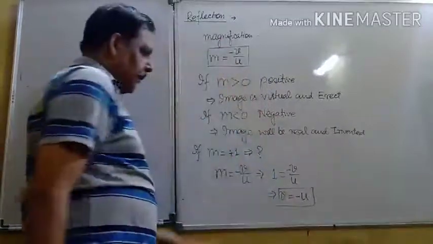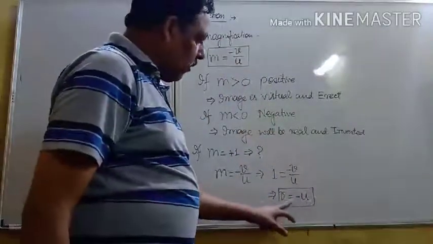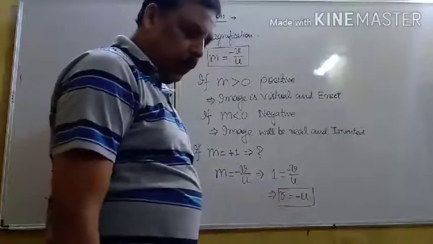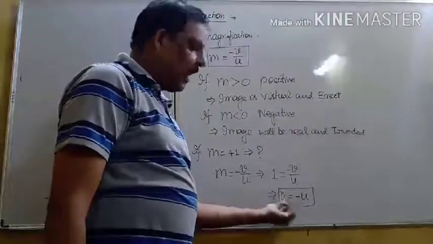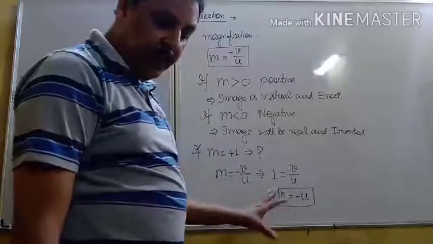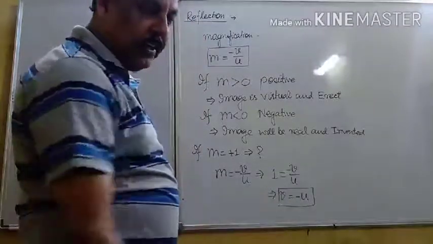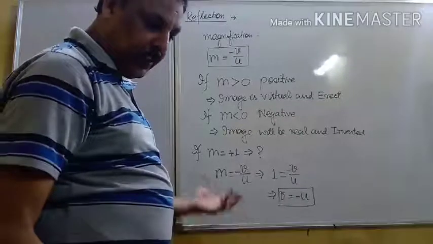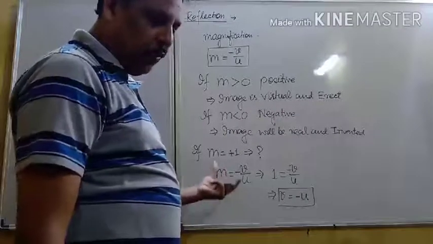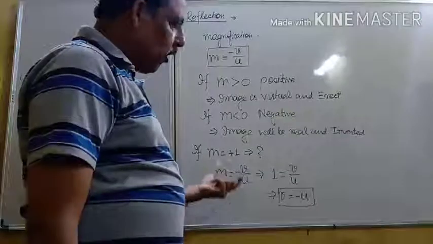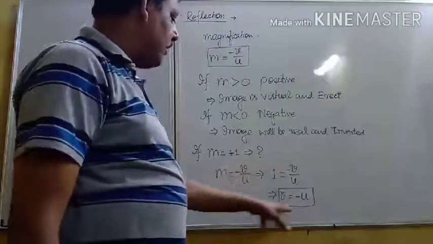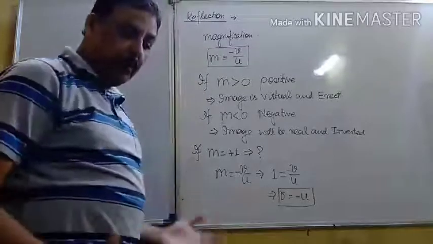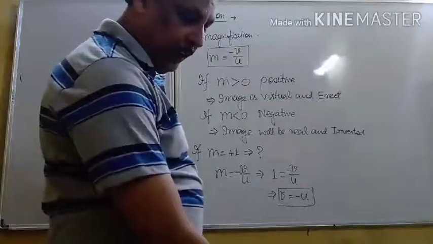The size of the image and the size of the object will be the same. This is called magnification 1. Always remember, v is equal to minus u. The distance of the image will be equal to the distance of the object.